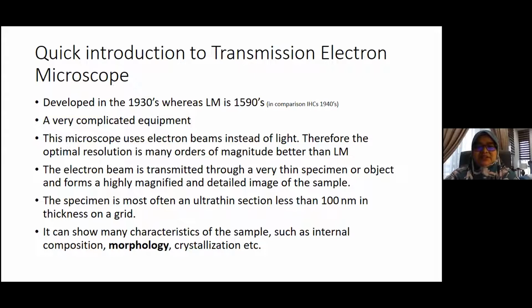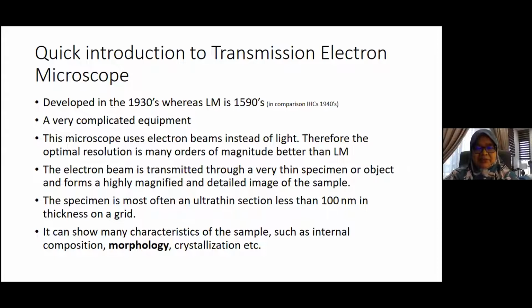Transmission electron microscopy is a very complicated piece of equipment. I do not have the technical expertise to talk at length about the equipment, but in basic principle, instead of light as in light microscopy, it uses electron beams, so the optimal resolution is way better.